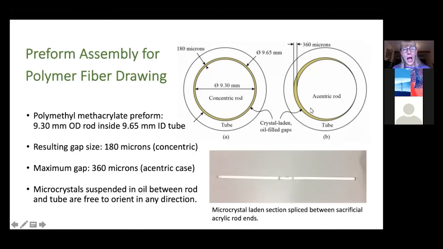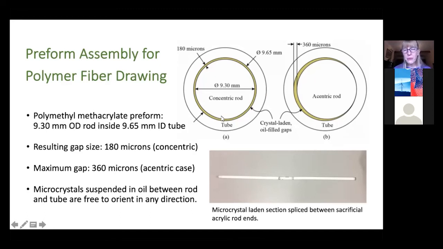The asymmetric case, or the acentric case, is the one where the rod and the tube wall are in contact on one side, and then you have a larger gap. So I just want to point out an extreme case where the gap could be as large as 360 microns. There's my cursor.